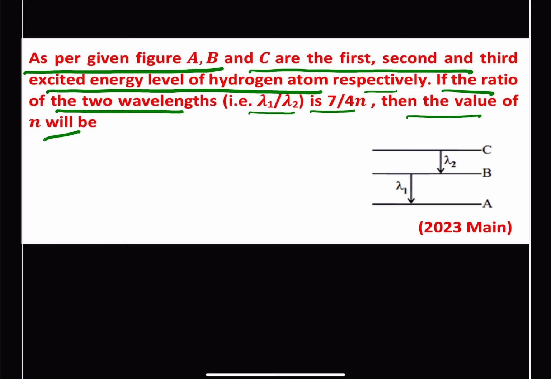So this will be n is equal to 2, n is equal to 3 and n is equal to 4, because it is given as the excited energy levels.